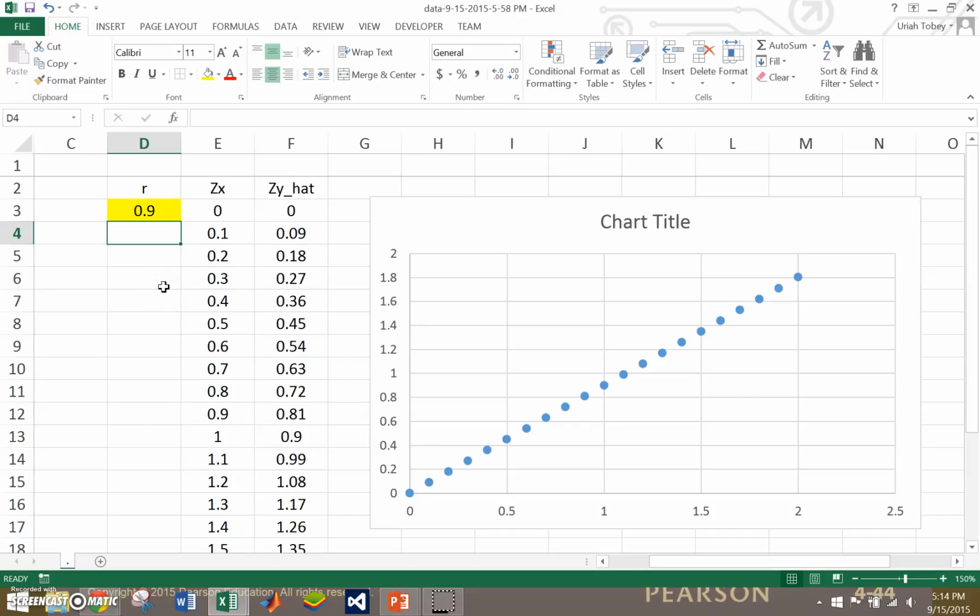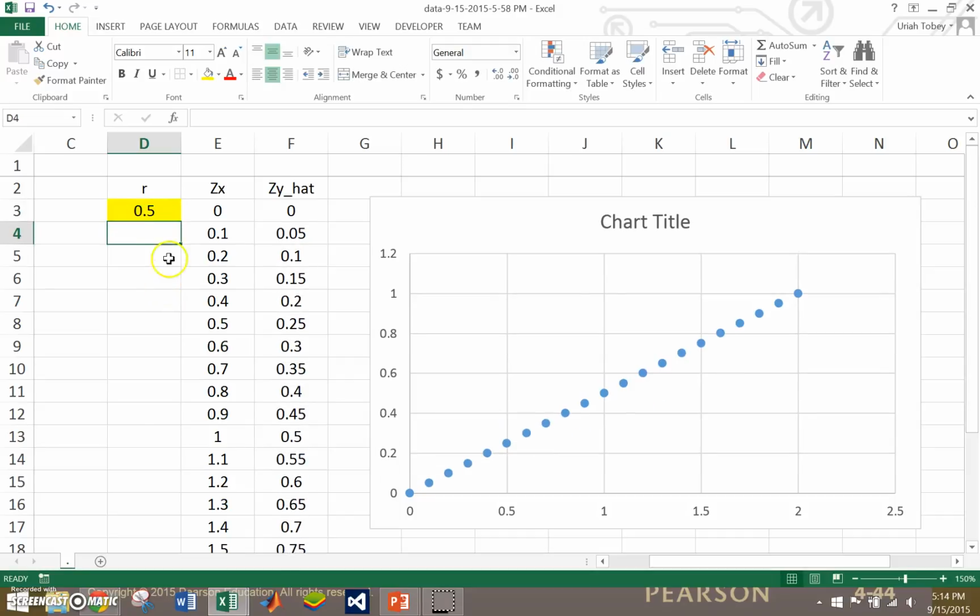So let's do this even more. Let's go down to 0.5. And as we recall, the lower the correlation coefficient, the closer it is to 0, the worse our data is as far as being correlated. So our data would go from the dots being in a straight line to the dots being all over the place like a cluster.